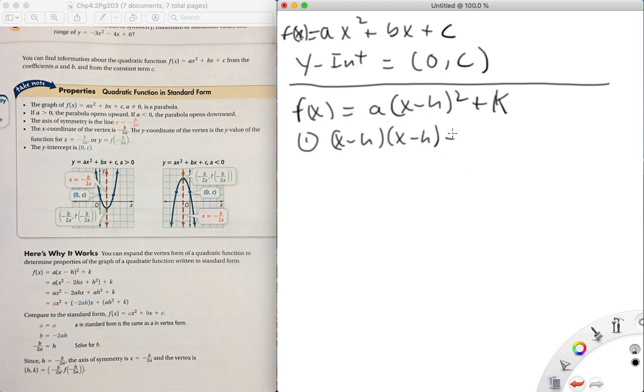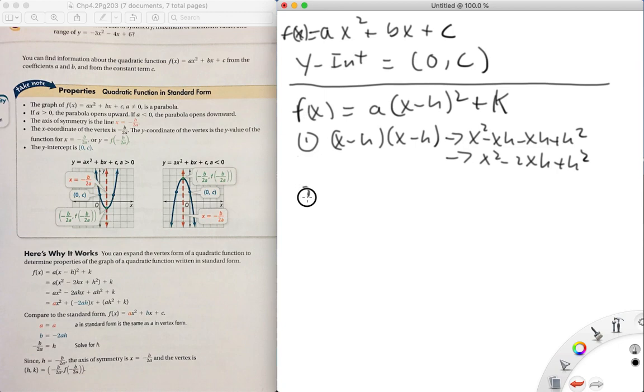So that's going to be x squared minus xh minus xh plus h squared, which turns into x squared minus 2xh plus h squared.